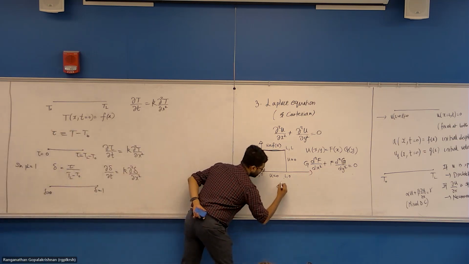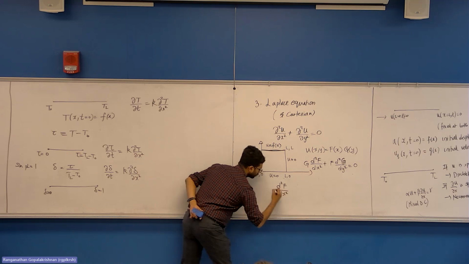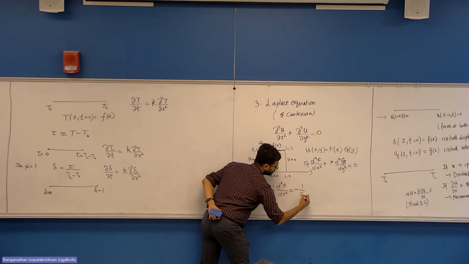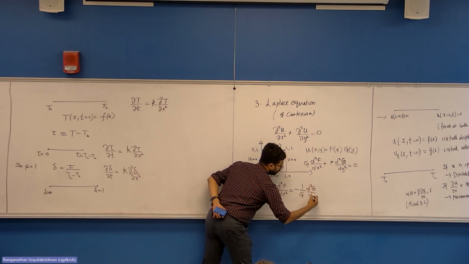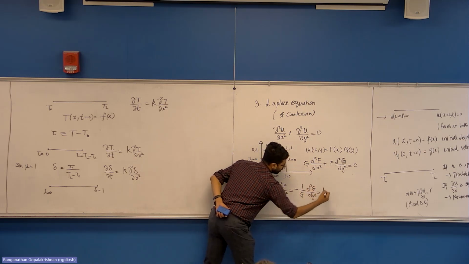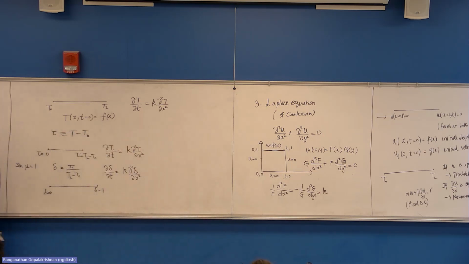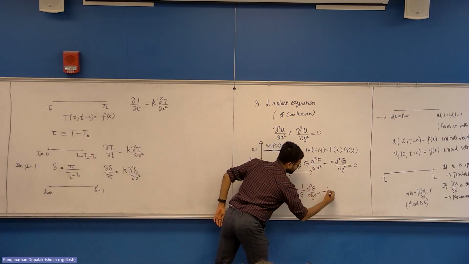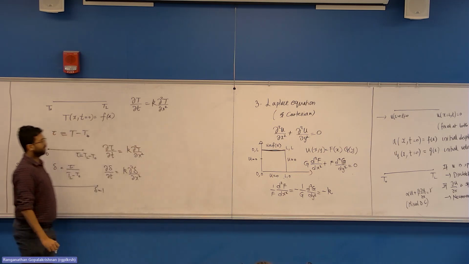We'll write it as (1 over f) d squared f over dx squared equal to minus (1 over g) d squared g over dy squared, and that is equal to some k, which is a constant which we'll determine. The book writes this constant as minus k, so we'll also adopt that to keep it consistent.